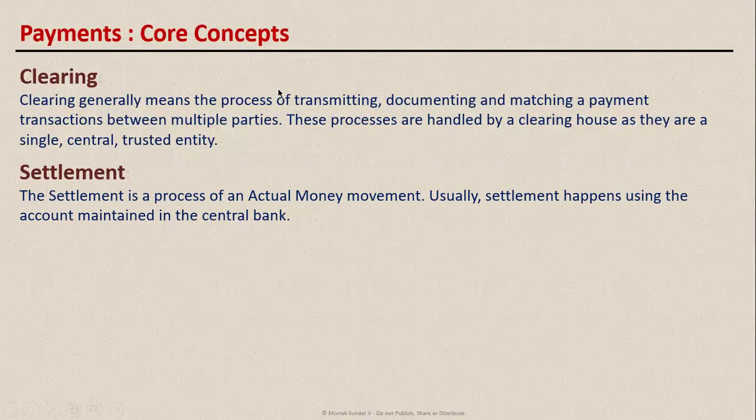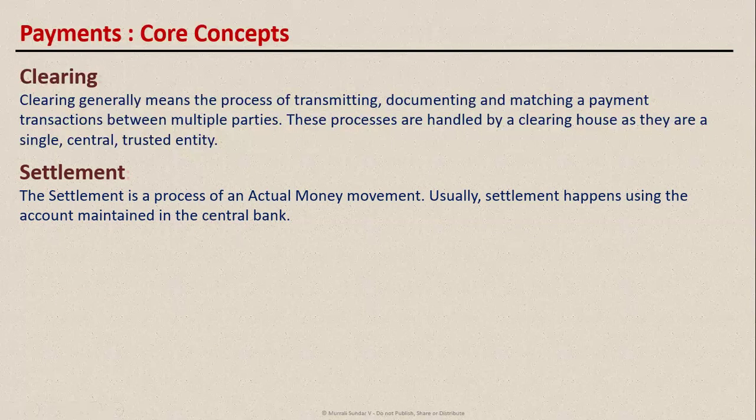So you can say, in general, clearing and settlement concepts come together. The clearing performs all this: transmitting messages, documenting messages, matching messages, and it will facilitate the settlement. The central bank system will do the final settlement, which is the actual money movement from the sender bank to the receiver bank.